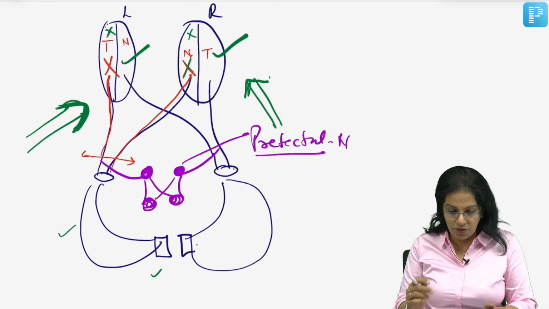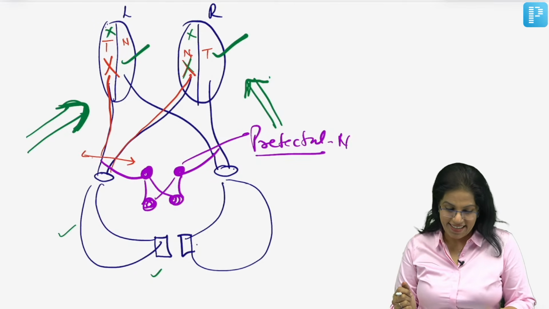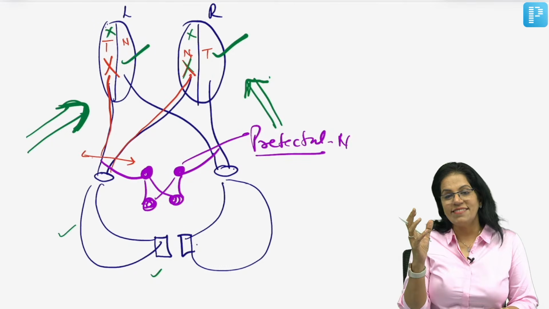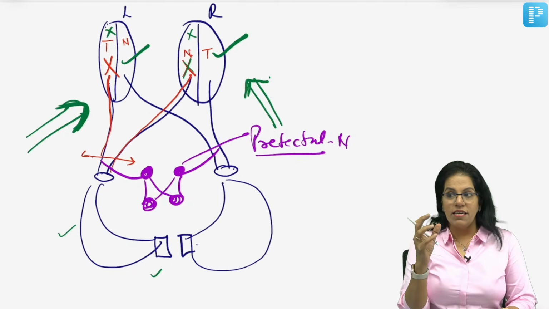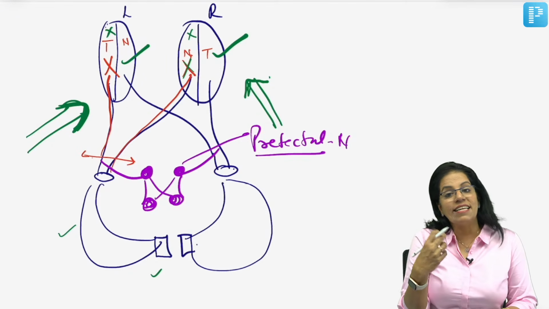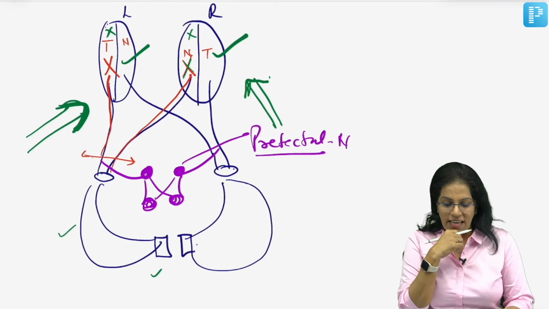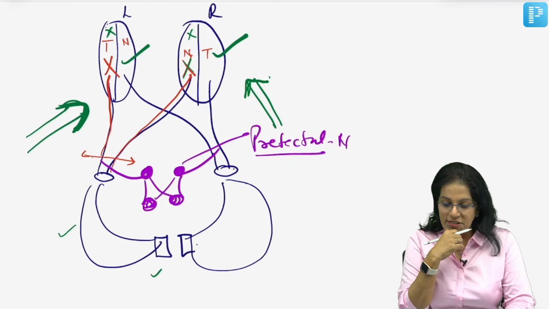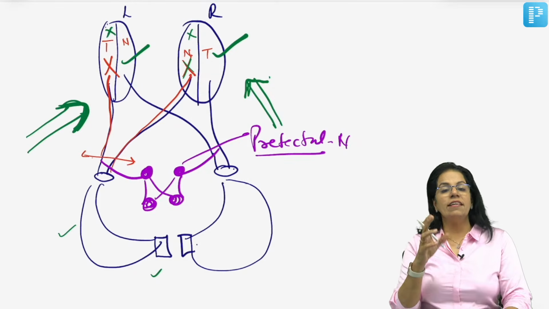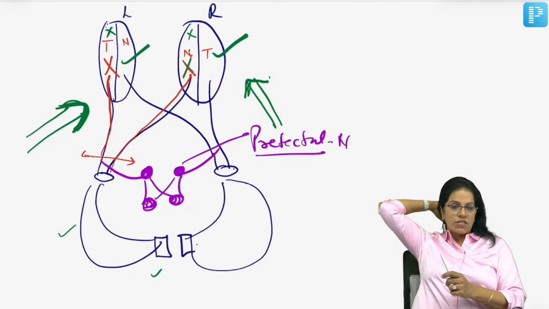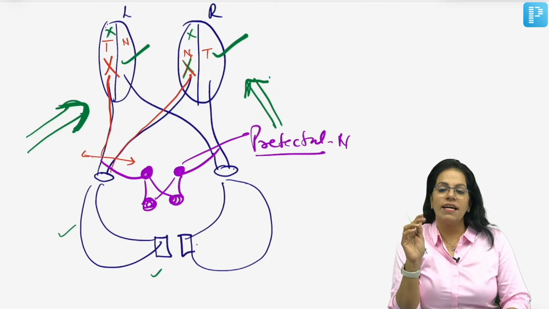So, what do you think, what do I mean by this? Am I saying to you that in radiation lesion and visual cortex lesion, pupillary reactions are normal? Anyone? Yes or no?